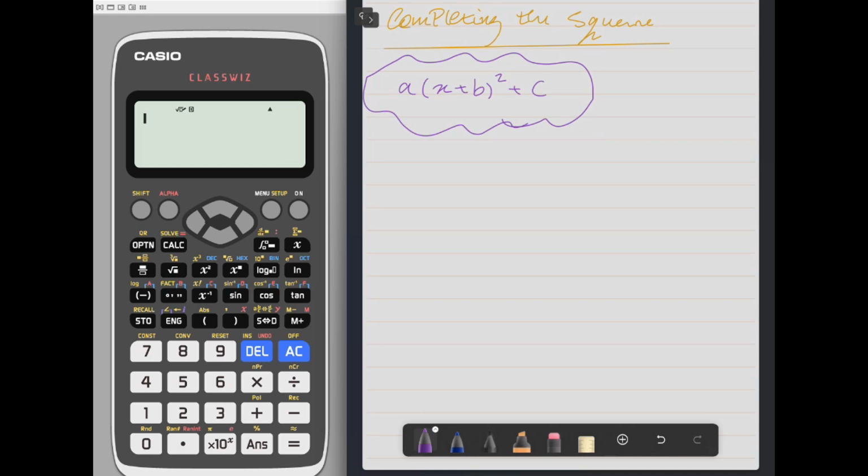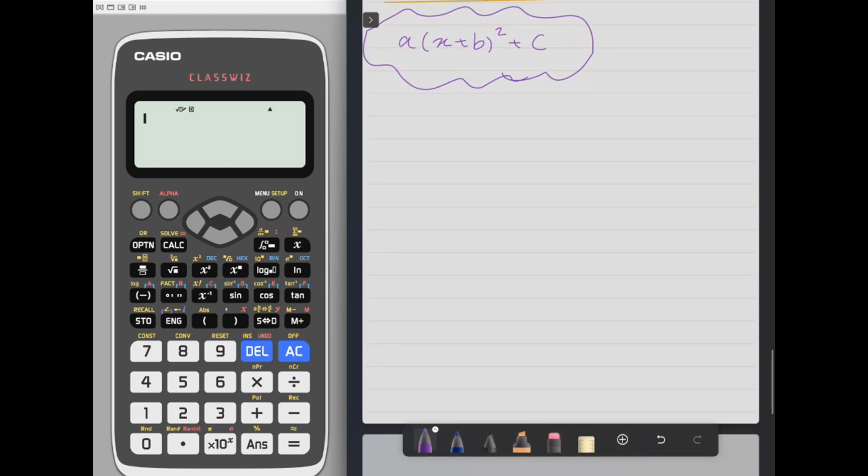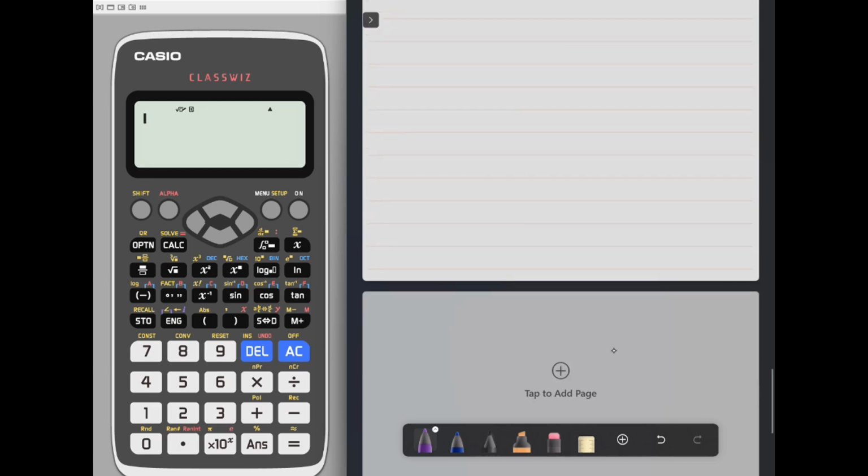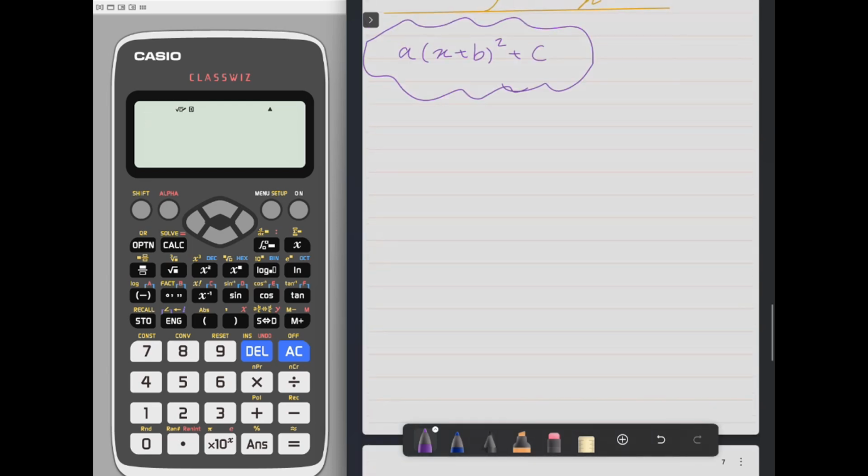Before that, the textbook has introduced two formulas for you to use for completing the square, and these are the formulas. I'm not going to use these formulas, but I'm going to mention them for you to choose if you want to go by my method or just use the formulas that the book has given you.